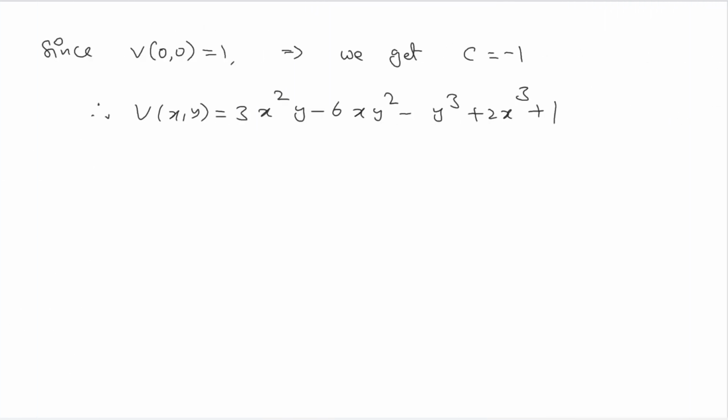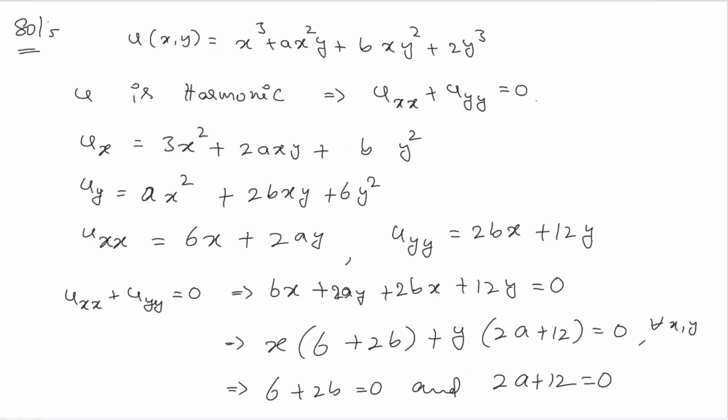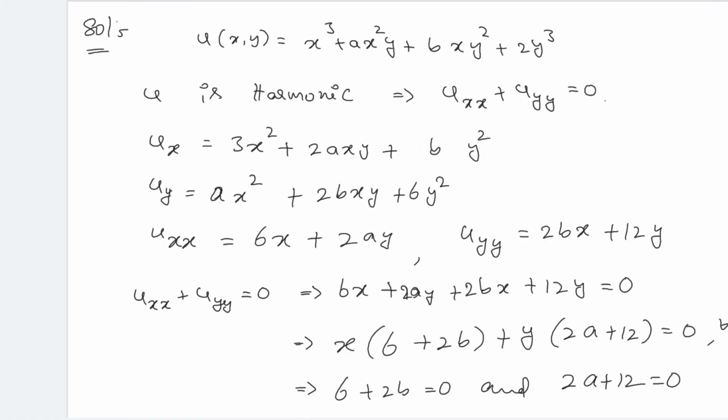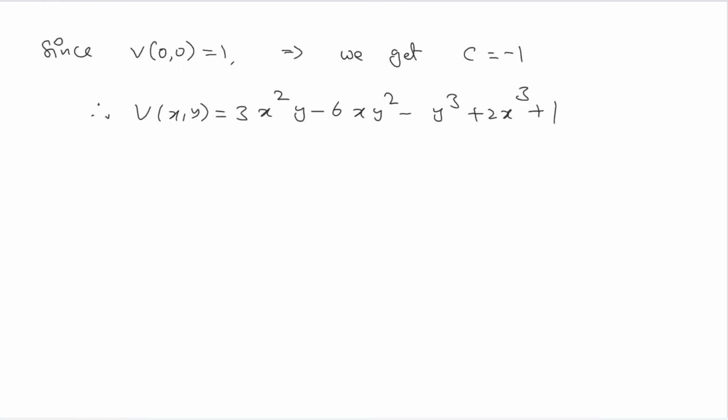Hence it is asked to find v of 1 comma 1. From this we get v of 1 comma 1 equal to 3 minus 6 minus 1 plus 2 plus 1, that is nothing but minus 1.